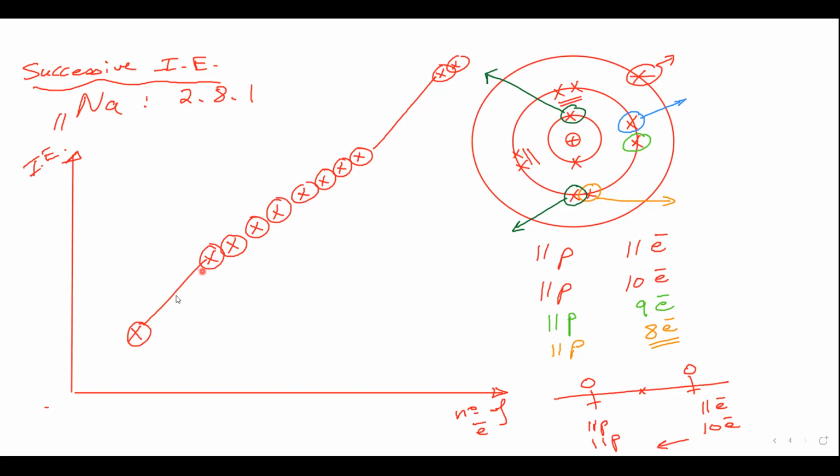Whenever we have a jump between the first electrons to be removed and the next, this means that we can find out the number of the group of this atom or of this element. So here, sodium, we had only 1 ionization energy, after which a big jump took place. This means that sodium belongs to group 1.